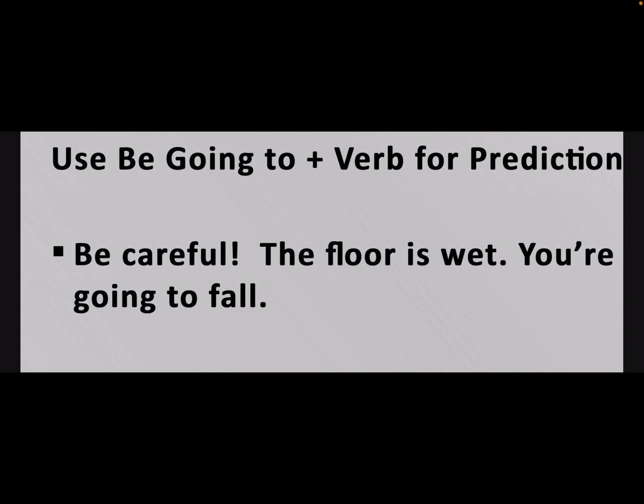So you would say, be careful, the floor is wet, you're going to fall. This is using be going to, and then finishing it with your verb in prediction. When you want to predict something in a sentence, this is how you would form it.